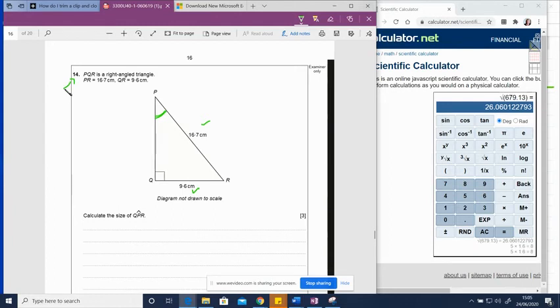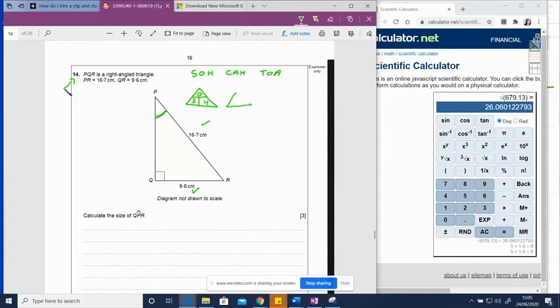Now, 2 sides and an angle straight away says to me trigonometry. So before I even start the question, I'm going to write out what I remember about trigonometry equations, and it's SOHCAHTOA. The sine of the angle is equal to the opposite length over the hypotenuse.